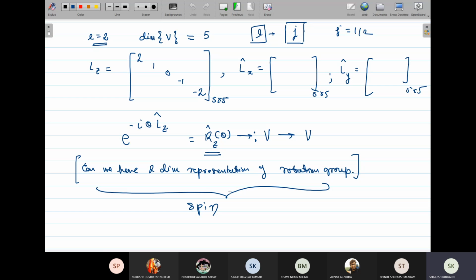What is going to happen is that, with your usual rotation, when I rotate something by 2 pi, you fix the axis, say your axis is fixed along the z axis, and you rotate a certain object by 2 pi. What do you expect? You get the same state as when theta equals 0. Am I correct? So theta equal to 0 and theta equal to 2 pi give you the same state of that physical object.